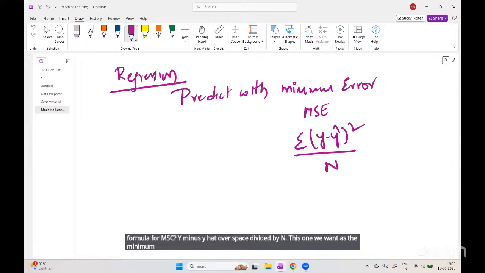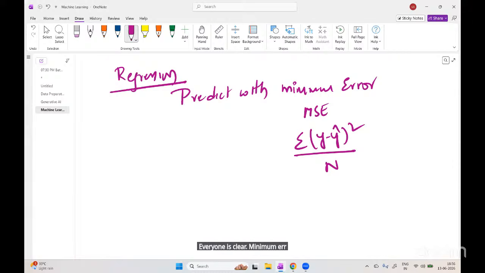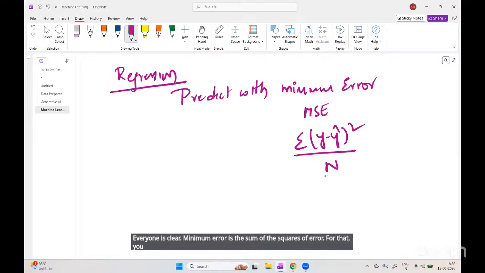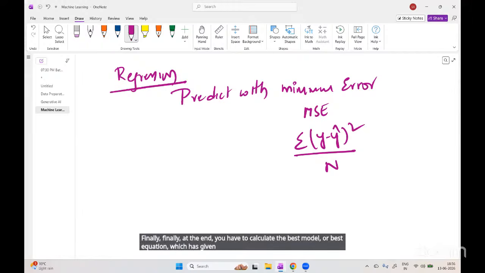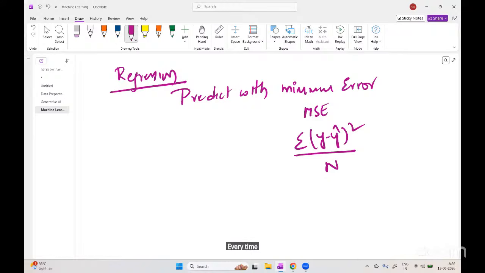Everyone is clear? Minimum error is the sum of the squares of error, and you are going to divide by the total number of errors. That is nothing but mean square error. For any regression project, the goal is this one. Finally, at the end, you have to calculate the best model or best equation which has given the least error. Which error? MSE as the error. Every time it is MSE.